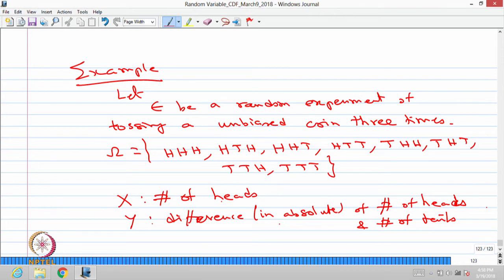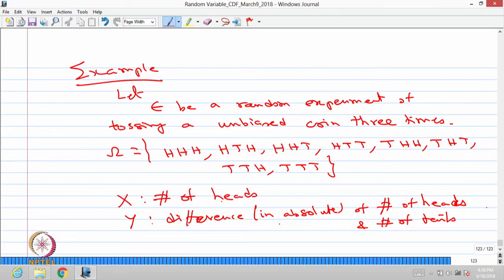Therefore, you should know what are all the possible values of x and of y. Then you can conclude what type of random variables x and y are, and go on to find the distribution based on whether it is discrete or continuous.